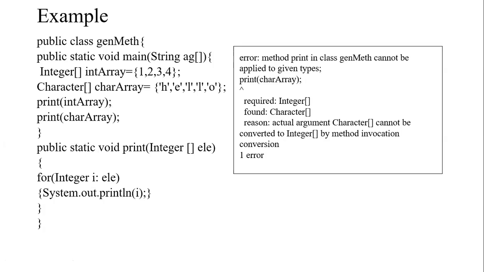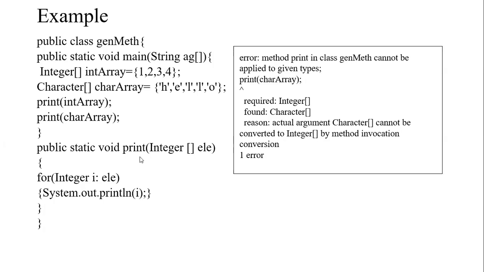Now, when it encounters the second statement, print of character array, it will show you an error saying that while defining the method, you wrote an integer array, but while passing, you are passing a character array. Any questions? So this example is showing a problem because you have not used the generics concept here.